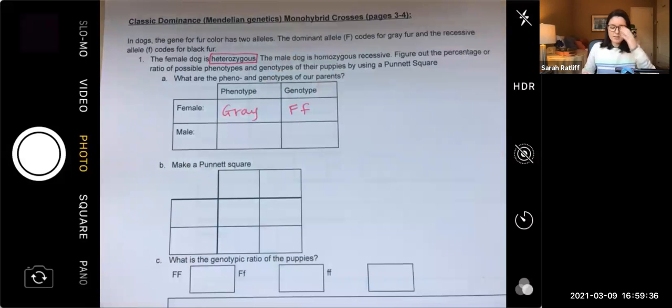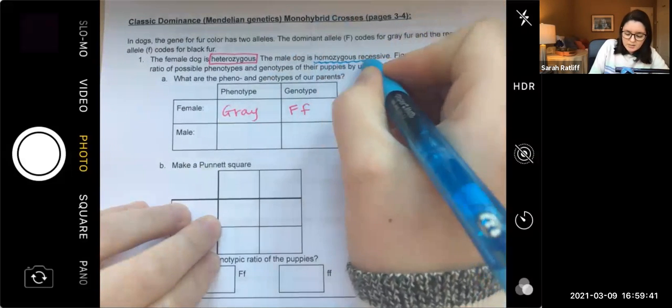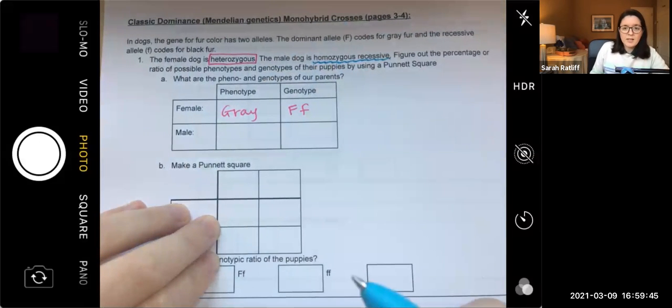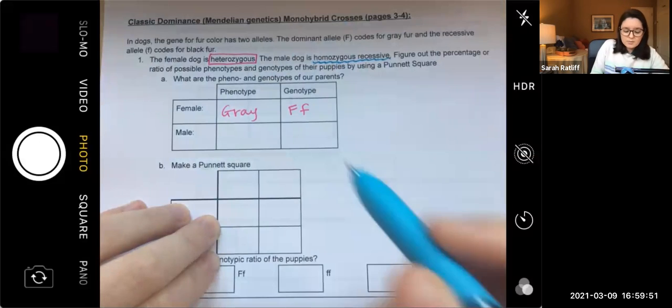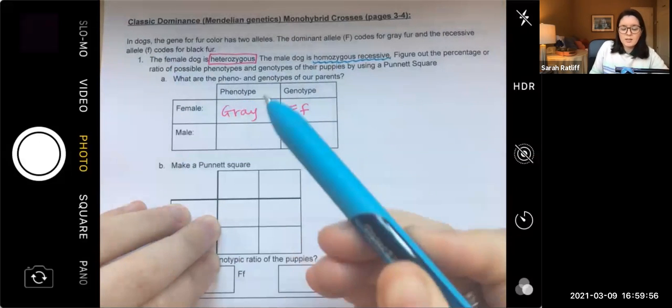All right, now let's look at the male dog. The male dog is homozygous recessive. Great. Homozygous means we're going to have the same capitalization. Recessive tells us if it's going to be upper or lowercase. Recessive is always going to be the lowercase letter.